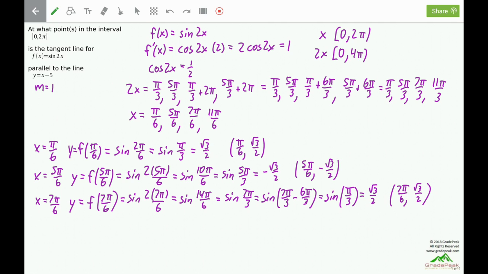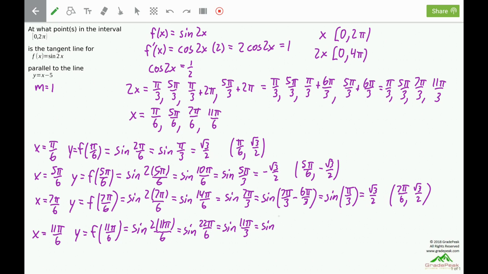And now last of all we have x equals 11 pi over 6. My y-coordinate will be f of 11 pi over 6, which will be the sine of 2 times 11 pi all over 6, which is the sine of 22 pi over 6, which can reduce by a 2 to 11 pi over 3. This is once again beyond 2 pi.